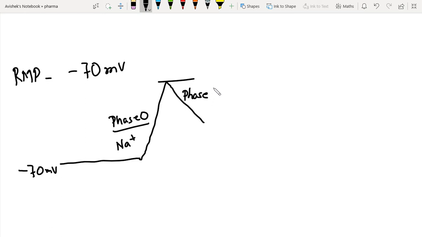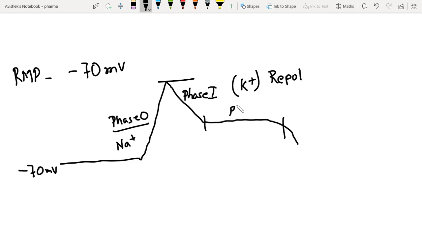This is phase 1. In this phase 1 potassium is doing repolarization. After this there is a plateau phase. This one is phase 2.